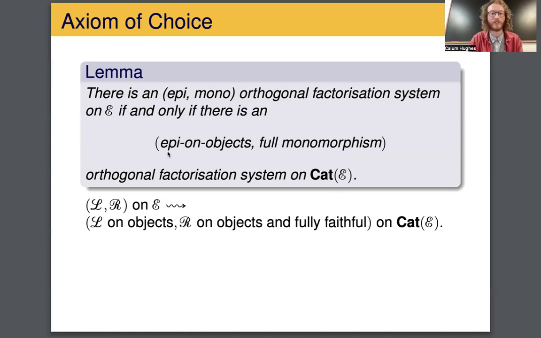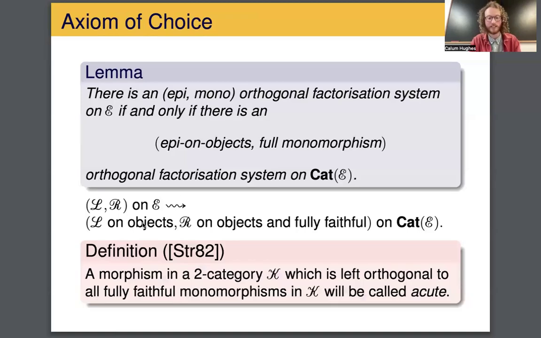So this allows us to recognize epi on objects functors in a 2 category. And actually, these have been studied before in a paper by Ross Street on 2-dimensional sheaf theory, in which he calls things that are left orthogonal to fully faithful monomorphisms acute, which is a cute name.